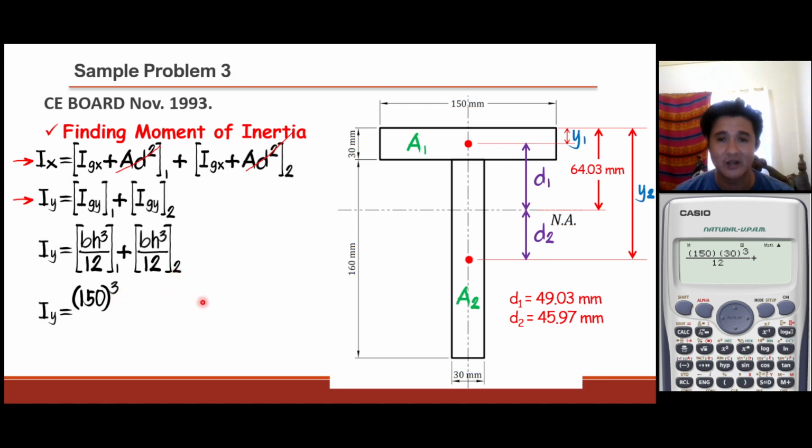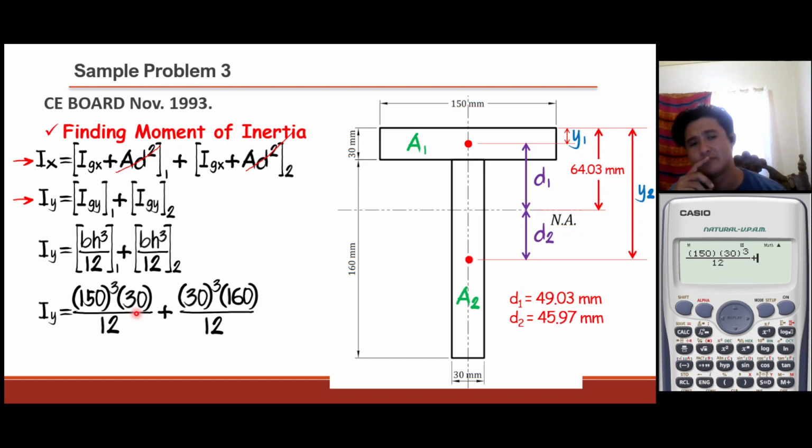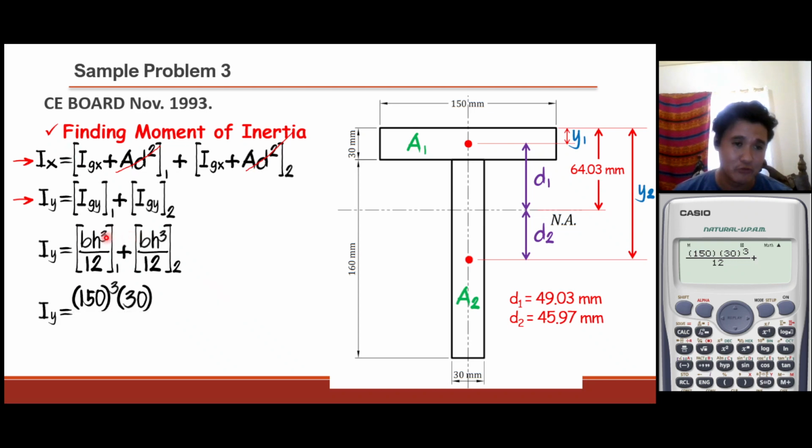So substituting the values, yung h natin, bh cube over 12, so 150. Hb cube over 12 pa rin siya, okay? So hindi ko na ilipat yung cube. So ayusin ko lang sa PowerPoint para hindi maano yung flow ng lecture natin.